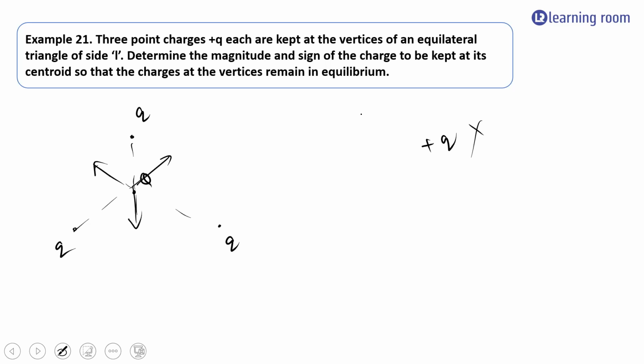Had it been a negative charge, what would have happened? Still, the forces would have been in the same line. So what is the difference? In the first case, Q was experiencing a pushing force, a repulsive force, whereas when the value of Q is negative, it is experiencing an attractive force.